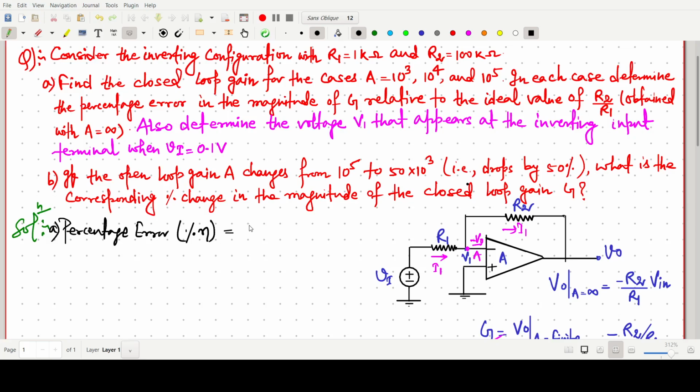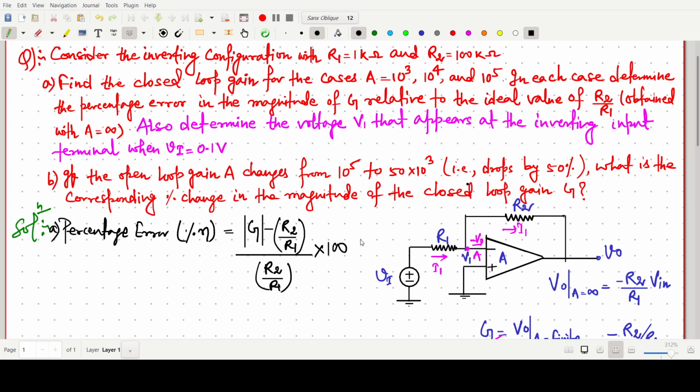What we have to do is take the magnitude of the overall gain G with the finite open loop gain, minus R2 by R1, divided by R2 by R1, into 100%.